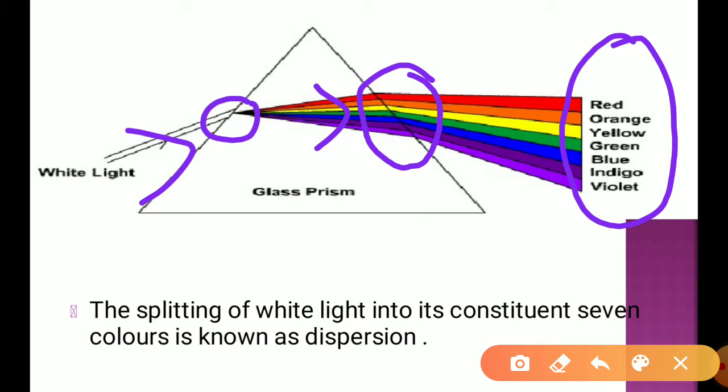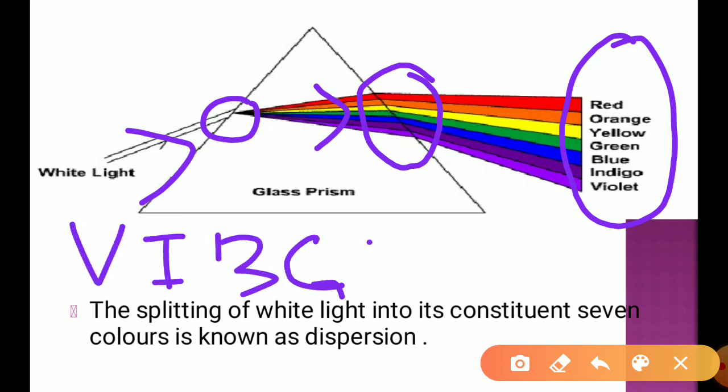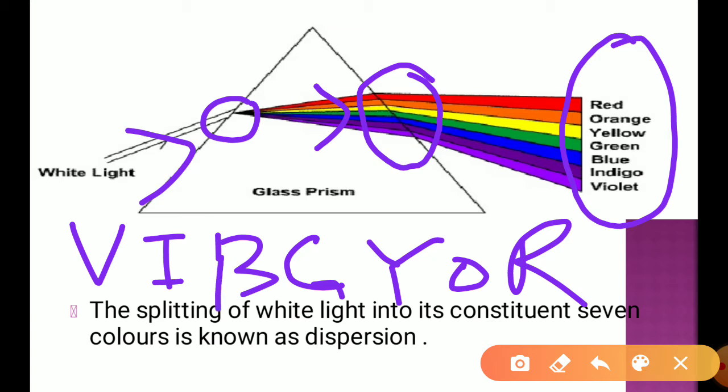This band of seven colors in its sequence we can remember by using the acronym VIBGYOR, where V stands for violet, I for indigo, B for blue, G for green, Y for yellow, O for orange, R for red. So the sequence of colors in the spectrum of white light we can remember by using the acronym VIBGYOR.